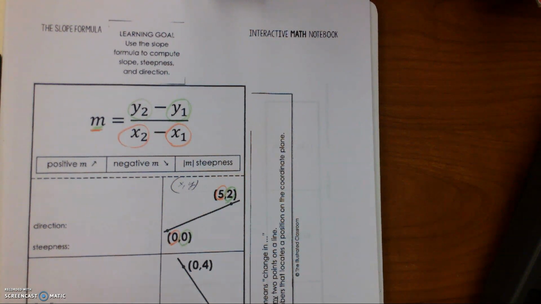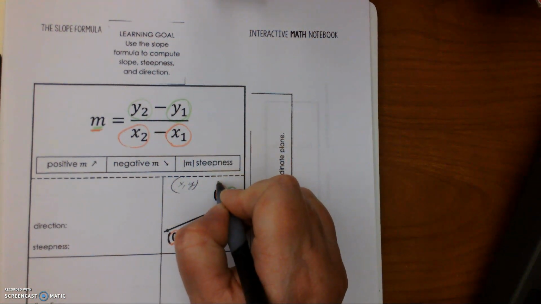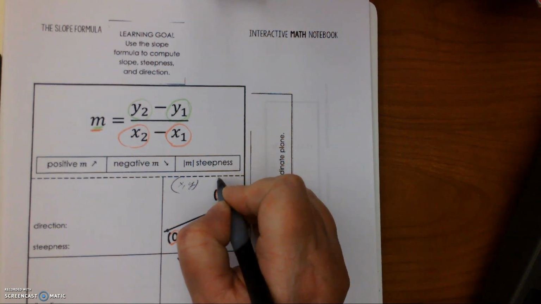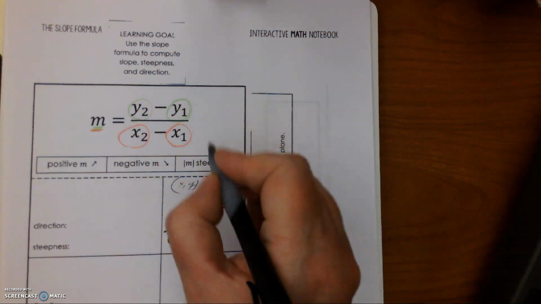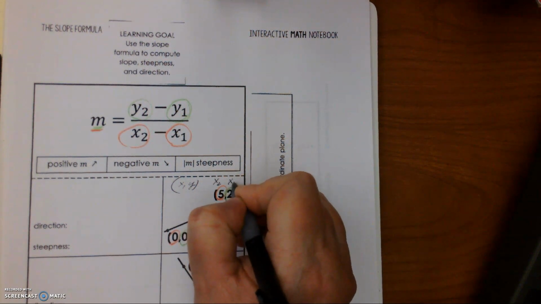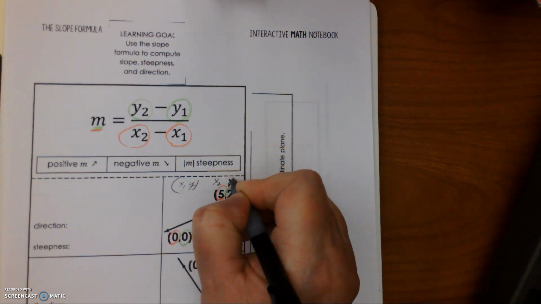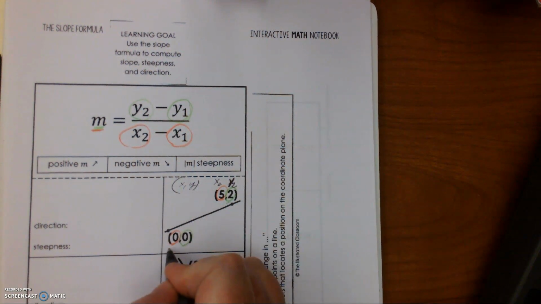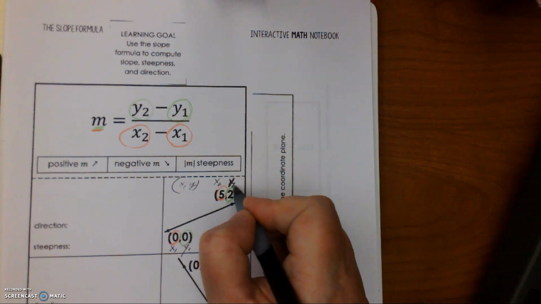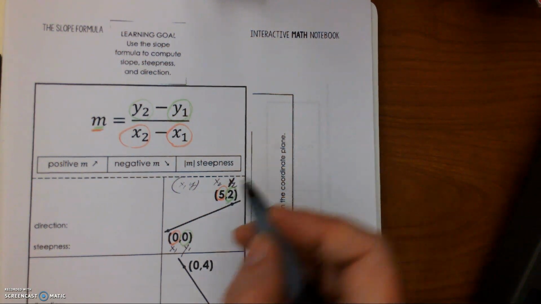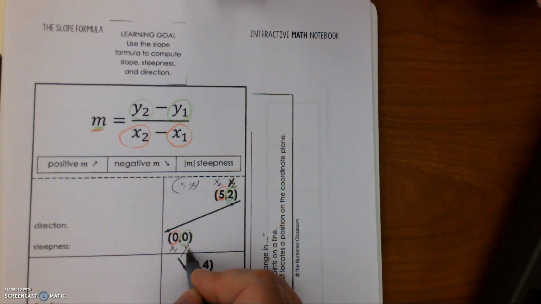So the formula says that we take y2 minus y1. It really doesn't matter which way you label these, because you will get the same answer. But know that this is x2, y2 for this particular example, and this is x1, y1.